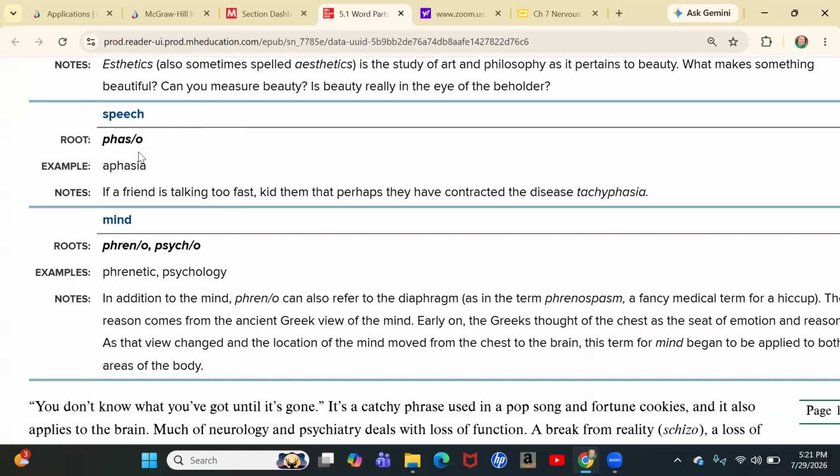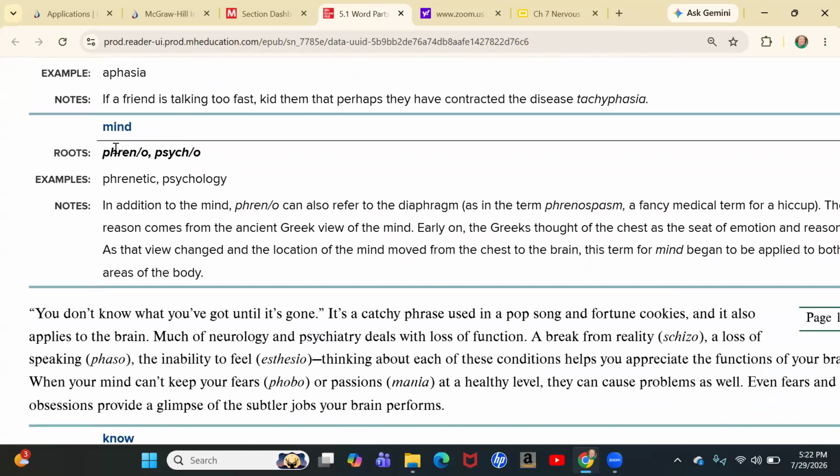Speech is phasio. Mind can be phreno or psycho. This term psycho does not mean crazy. Okay, it means mind. So a lot of people get mixed up with that. This term phrenic here for brain can also refer to the phrenic nerve that runs along the diaphragm.